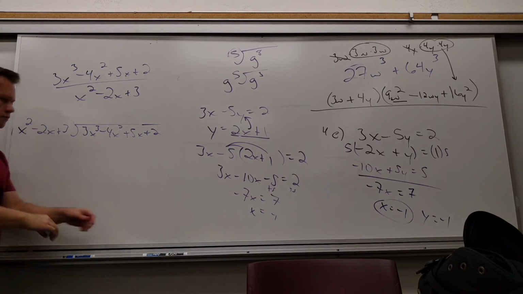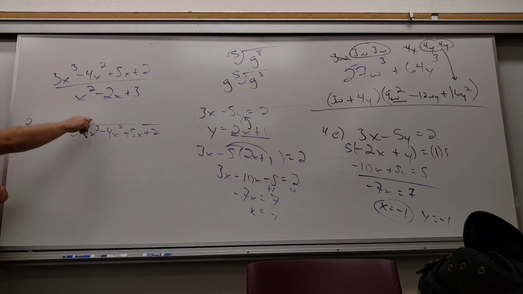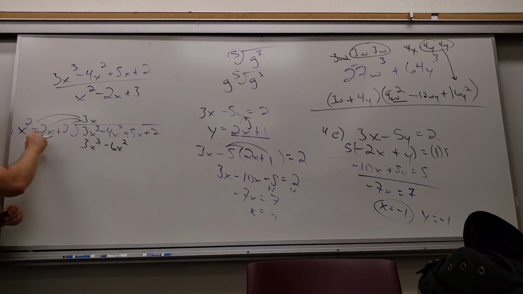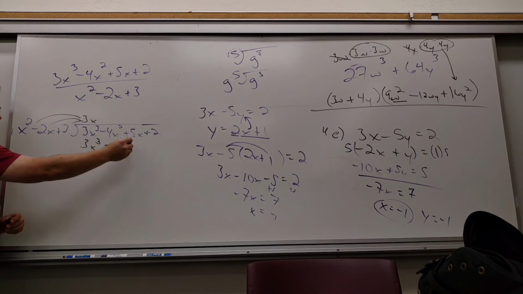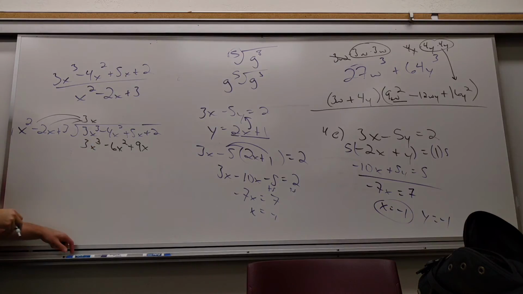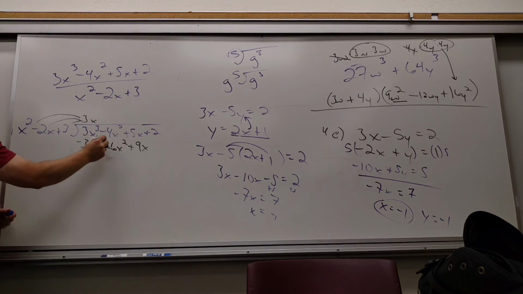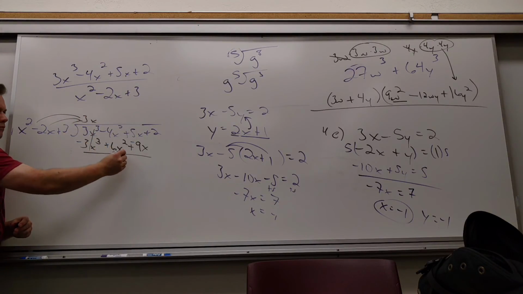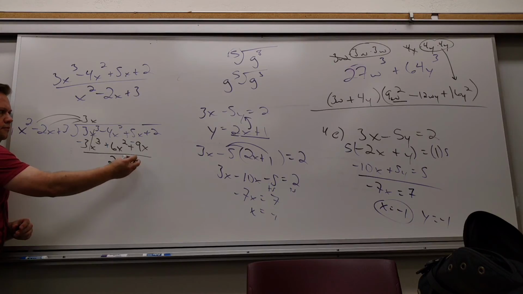You would multiply x squared by x, or 3x. And then you'd have to multiply those by x. So then you get 6x squared plus 6x, 9x. And then you change the sign. Cancel out. And then you get 2x squared minus 4.